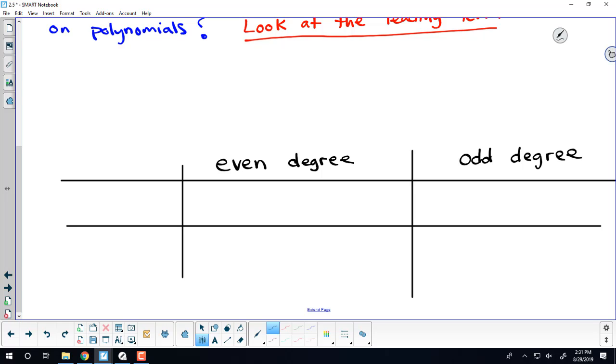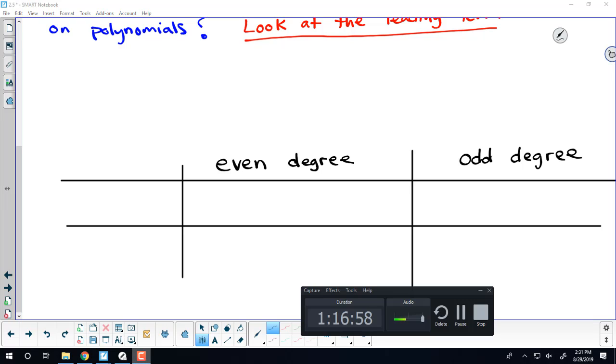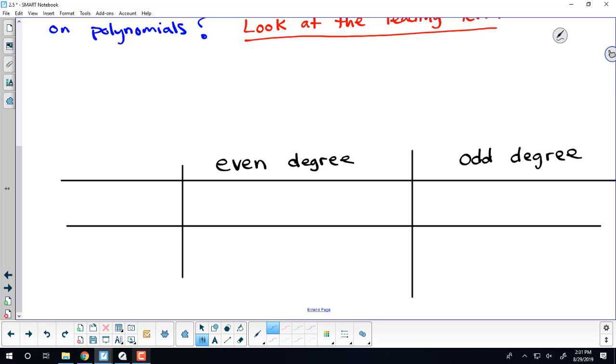Okay, so we have the highest power on x, and then we have the leading coefficient.